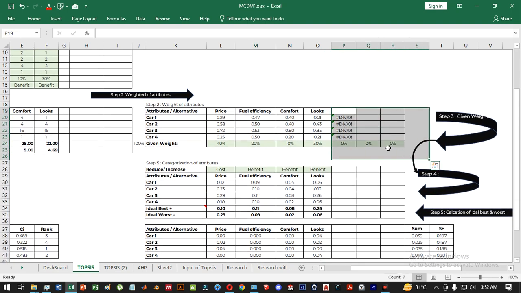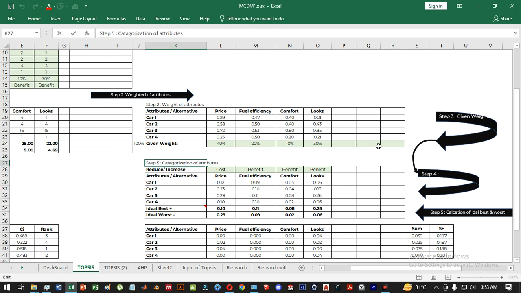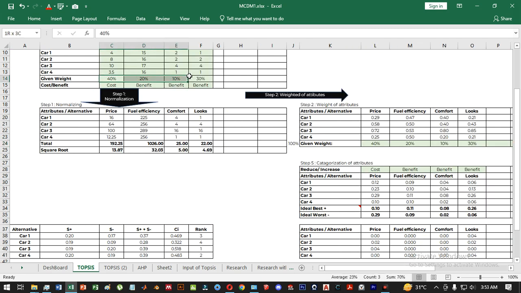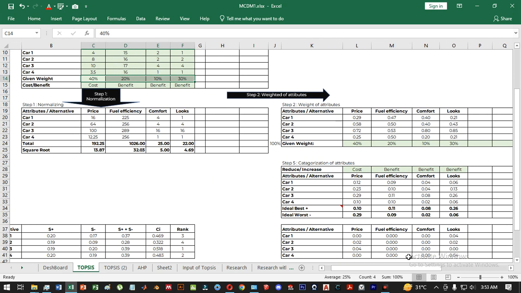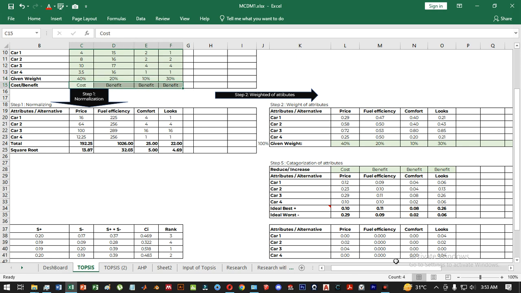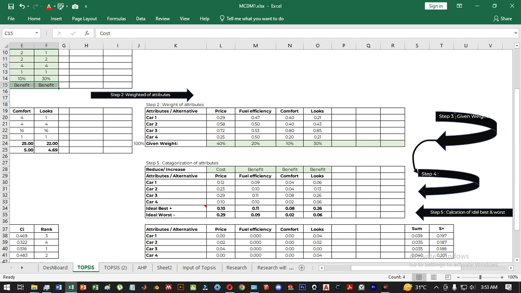After this, the third step is also already done here. We have given these weighted values, and the fourth step is also given here, the cost and benefit. So the third and fourth steps are done.